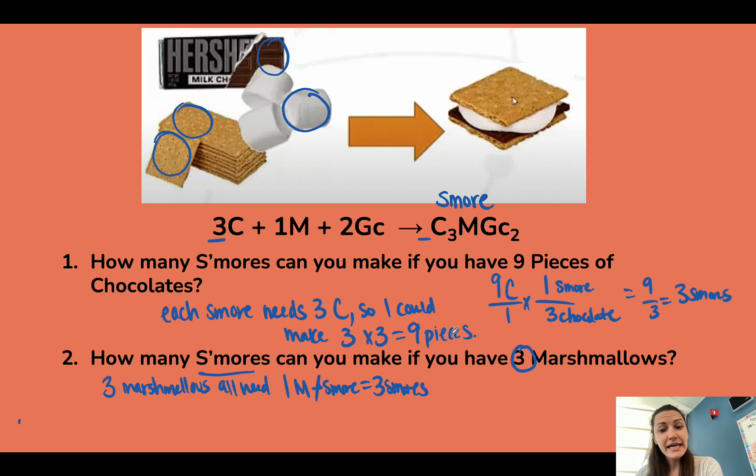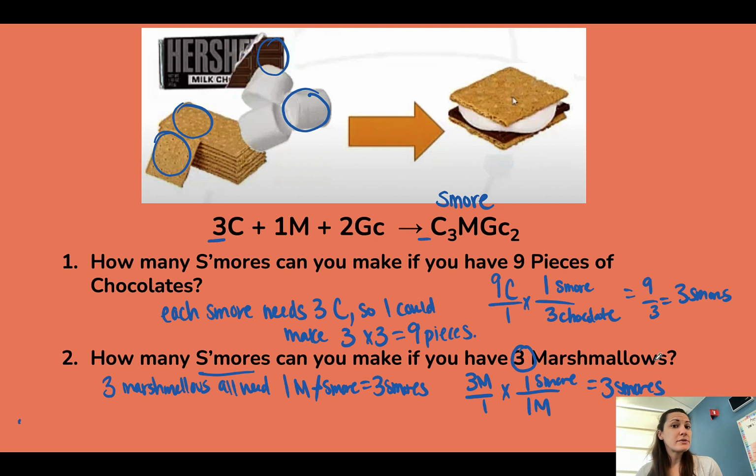And again, mathematically, I have 3 marshmallows, and I know the relationship between marshmallows and s'mores is 1 marshmallow to 1 s'more. So that means I can make 3 s'mores.